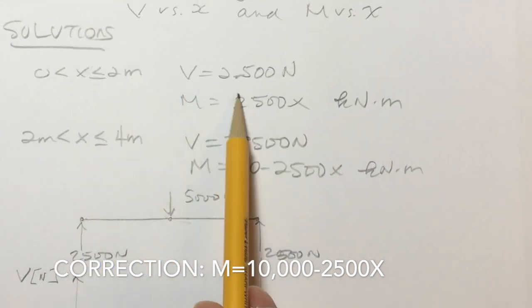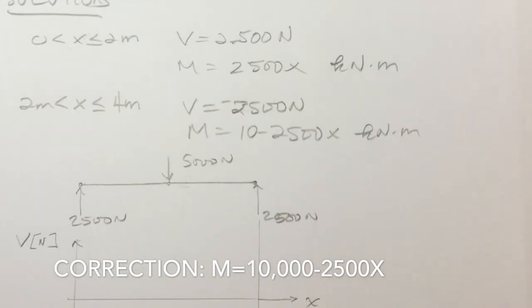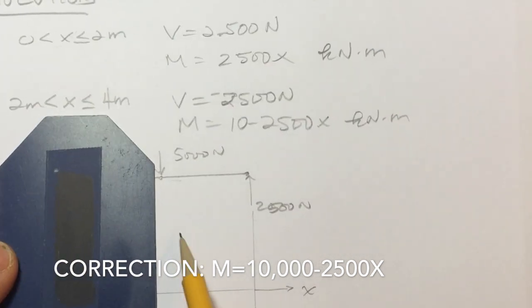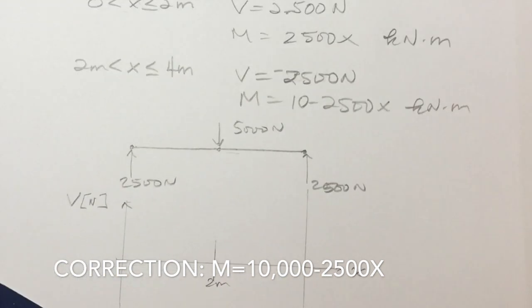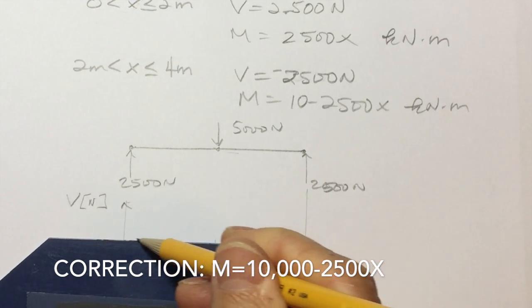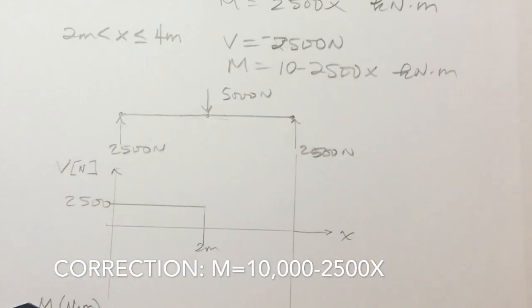So from 0 to 2 meters, I know my shear is 2,500 newtons, and it's constant, and that's valid all the way up to 2 meters. So I'll have something like that, where this is 2,500.